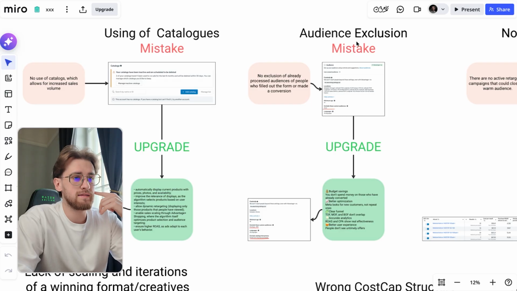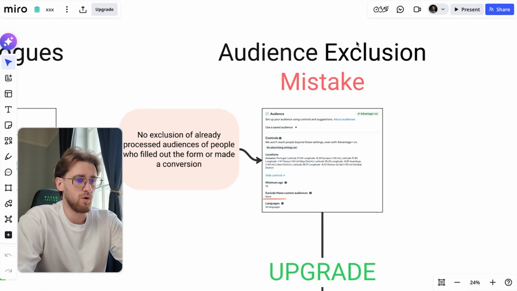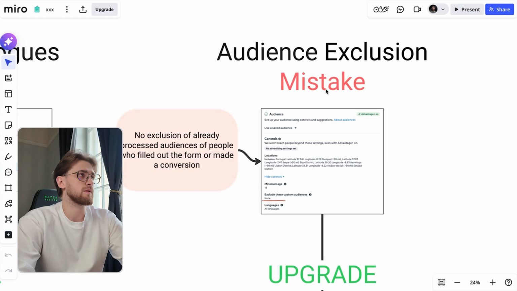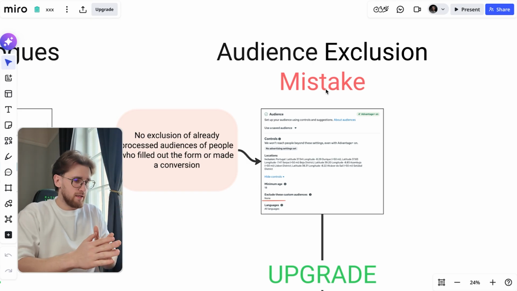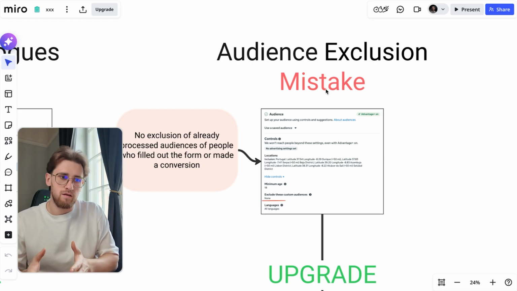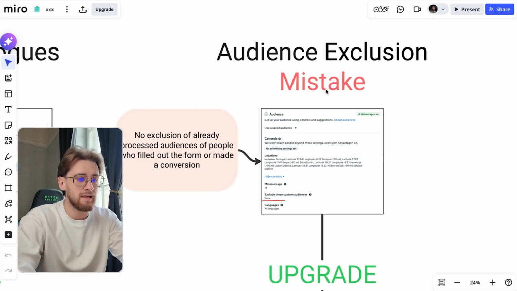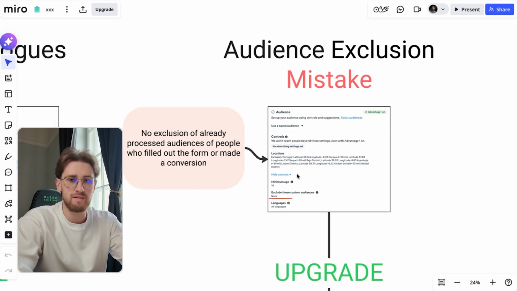The next one is audience exclusion. A lot of people are running top of the funnel campaigns, but in 7 days, in 14 days, they die because you didn't exclude your customers.